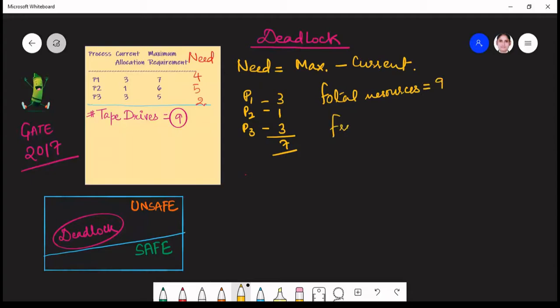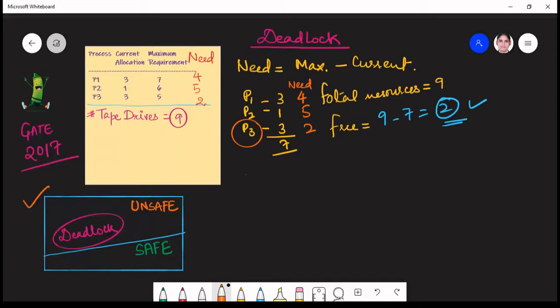So what are the free resources? Free resources here will be 9 minus 7, that is 2. So currently we have 2 free resources, and if we look at the need of these processes, the need of P1 is 4, P2 is 5, and P3 is 2.